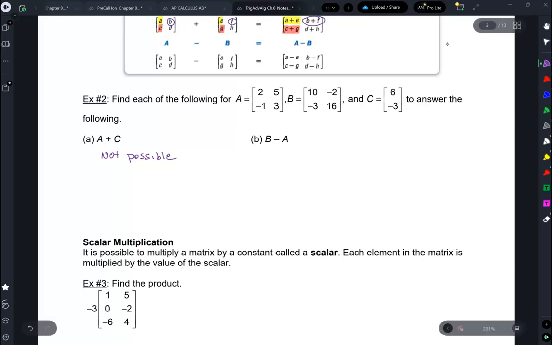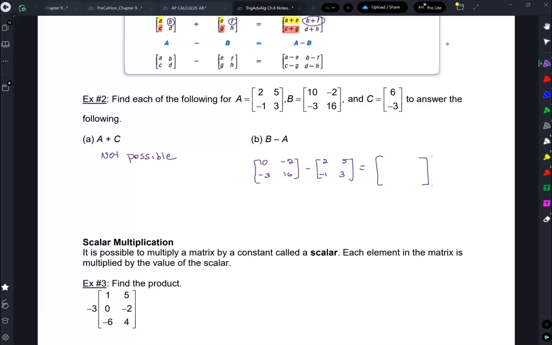B minus A. Okay, so B and A do have the same dimensions. But you know what? We're going to rewrite them here because we're not going to take any chances in crisscrossing our numbers. So that's B minus A. These are each 2 by 2s. I'm going to make another matrix that is also a 2 by 2.